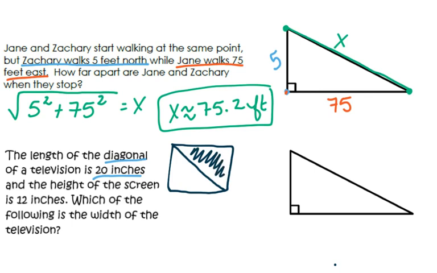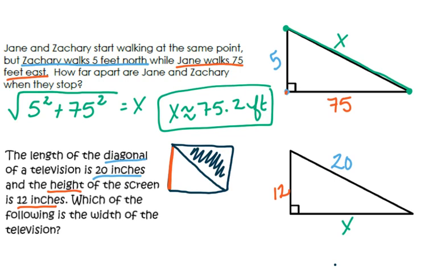So the diagonal is going to be your hypotenuse. The other thing I'm given is the height. And the height is 12 inches, so the height is how tall your TV is. And then I'm looking for the width.